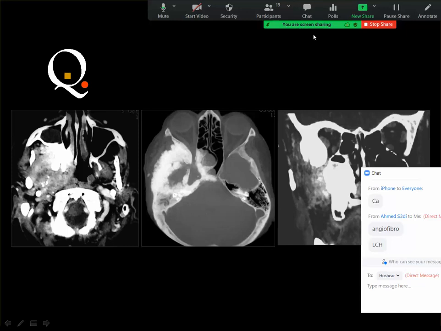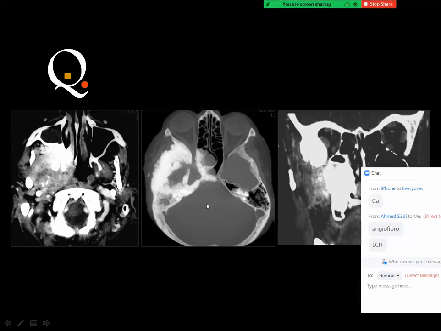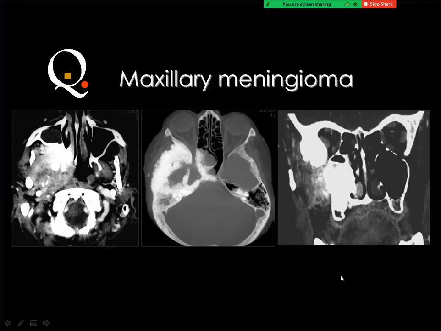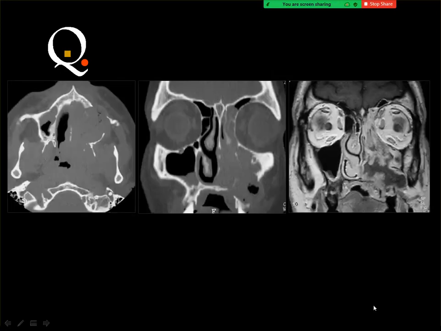I think that there is only one lesion which is able to produce a significant bone sclerosis without destructive changes and is associated with a soft tissue component. And this is actually an odd presentation for a meningioma of the skull base or the maxillary sinus. But I presented this case in order to put in your mind that a lesion with significant bone sclerosis like this is usually a benign lesion, and meningioma should be on top of the differential diagnosis.